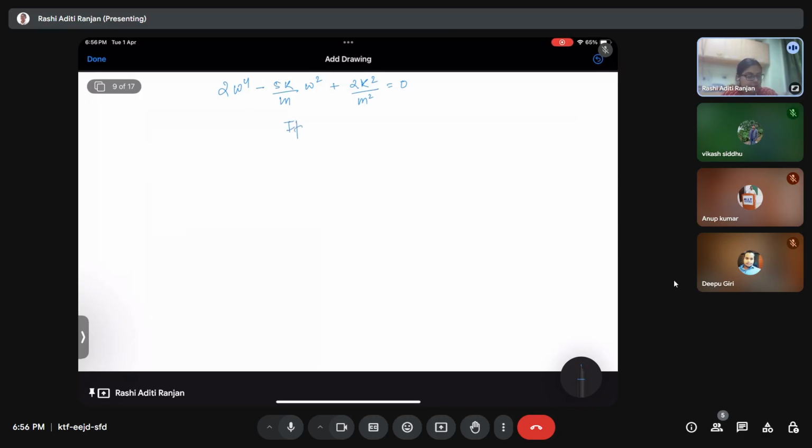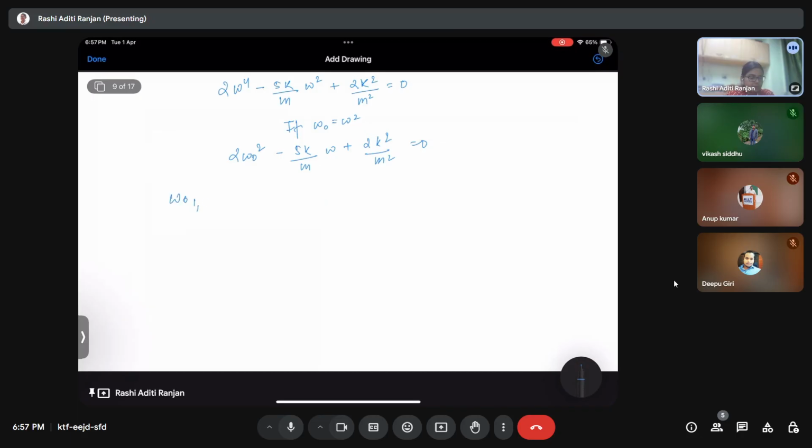The above equation becomes twice of omega naught square minus 5k by m omega naught plus twice of k square by m square. Now I know what is going to be the root of this equation.